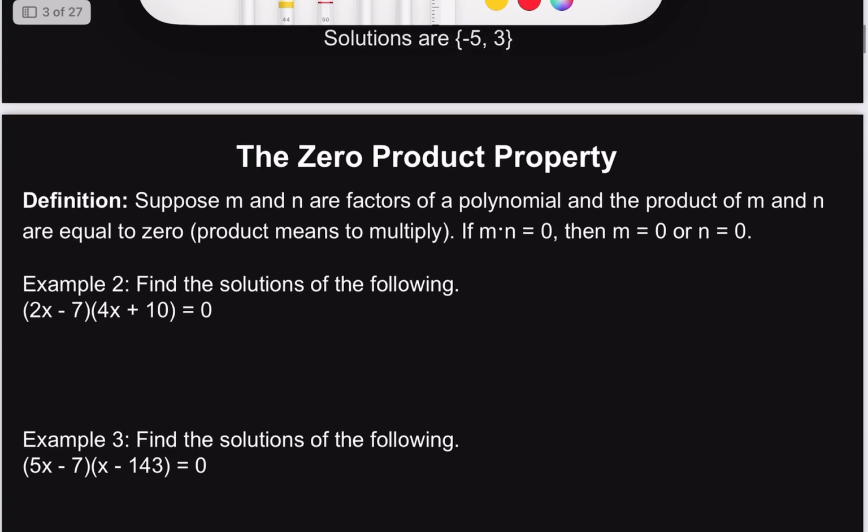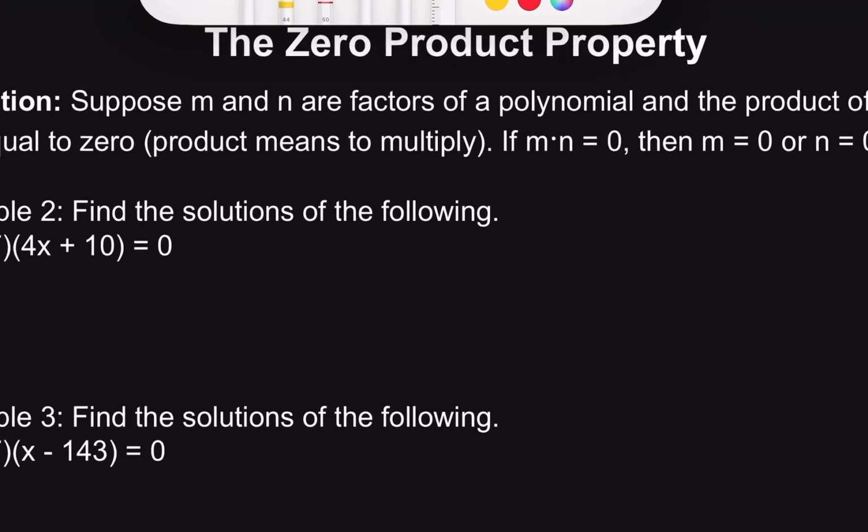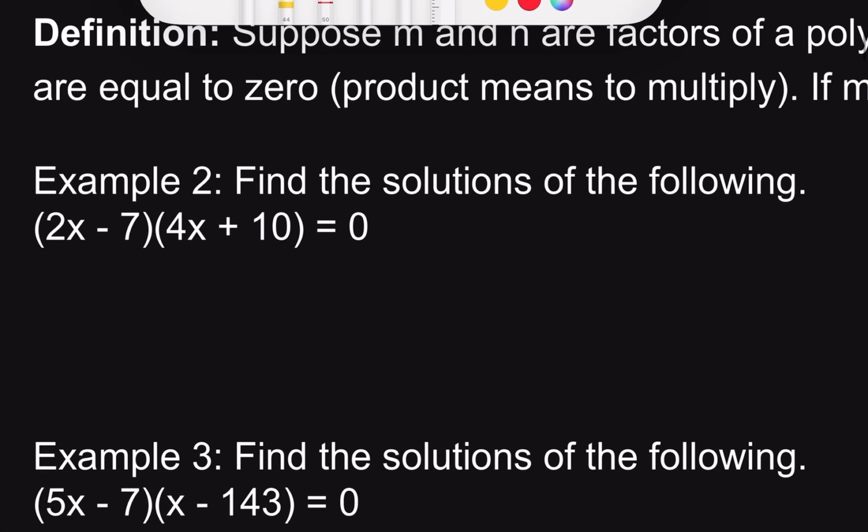So in these next 2 examples, we want to look at how to find the solutions of x using the zero product property. Example 2 says, find the solutions to the following. You have 2x minus 7 being multiplied with 4x plus 10, and it is equal to 0.